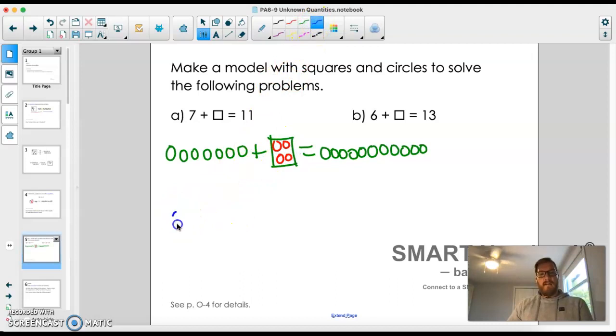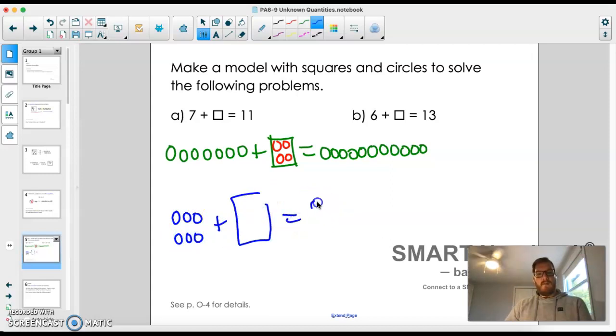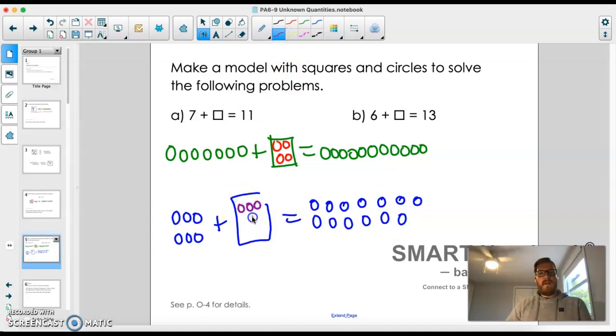And this other one, we'd have 1, 2, 3, 4, 5, 6, plus some unknown is going to equal 1 through 13, and hopefully we know that in here we need 7, so that those added together will give us 13.